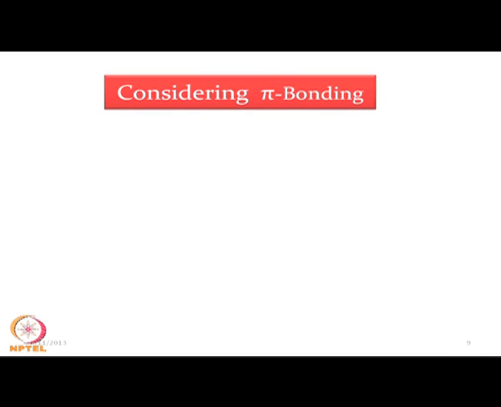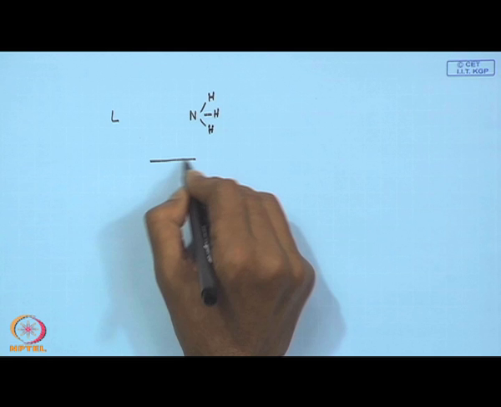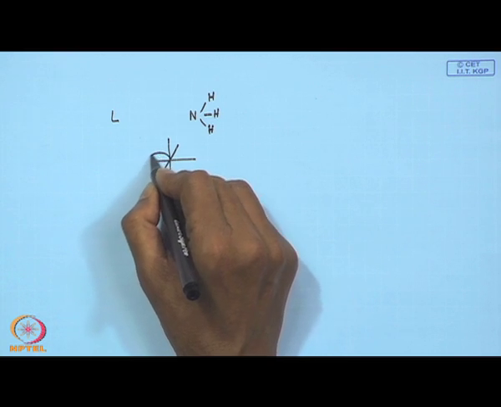Next, in our next class, we can consider how we treat the corresponding pi bonding interactions. If we have the ligand, the ammonia molecule, we will find that from this ammonia molecule we have 3 orbitals available: one is px, another is py and another is pz.